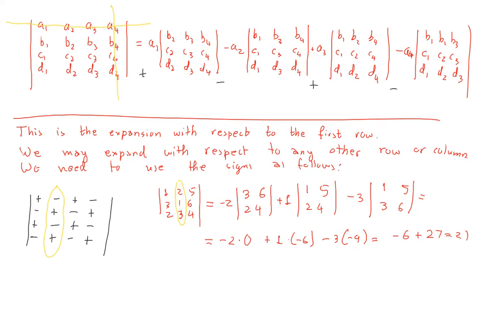So you will find the same result no matter with respect to what row or what column you compute. It seems like a very strange fact that no matter how you compute it, you're going to get the same thing, but that's exactly how it works.